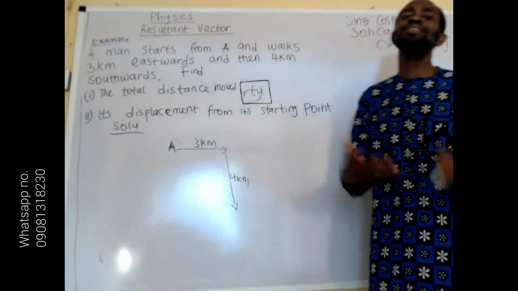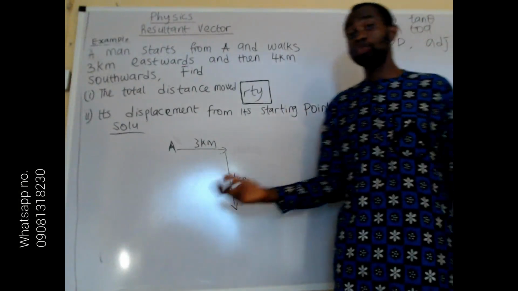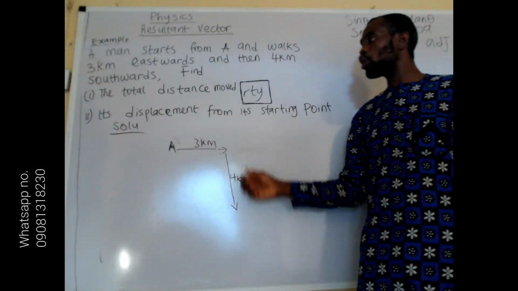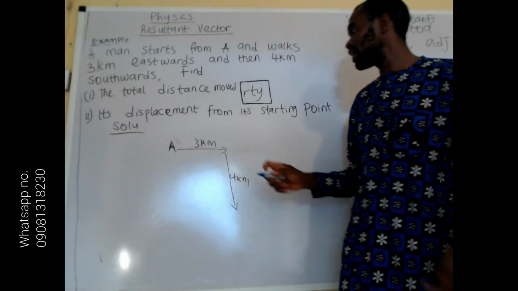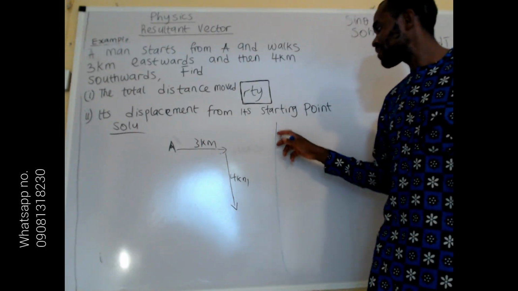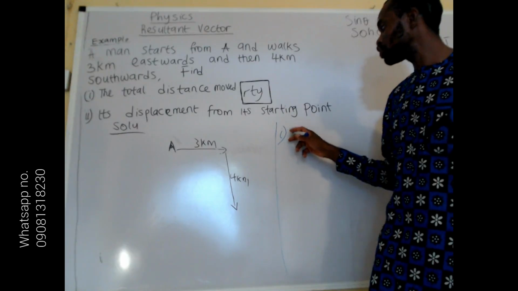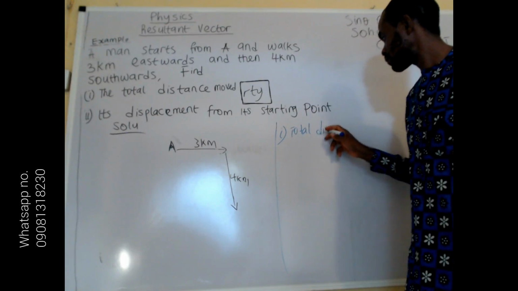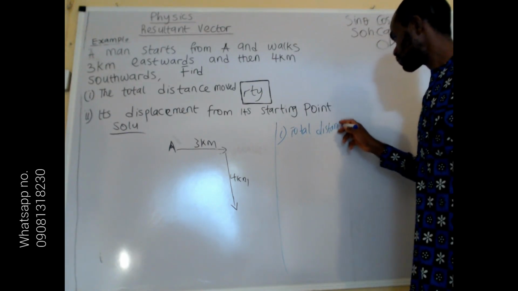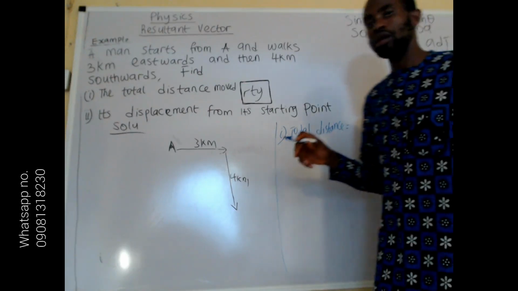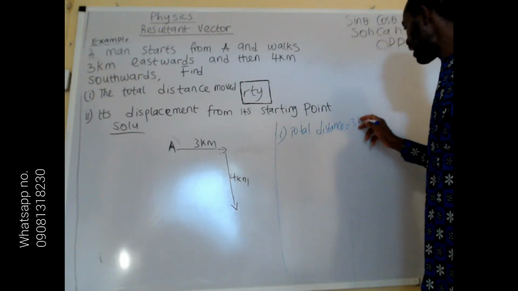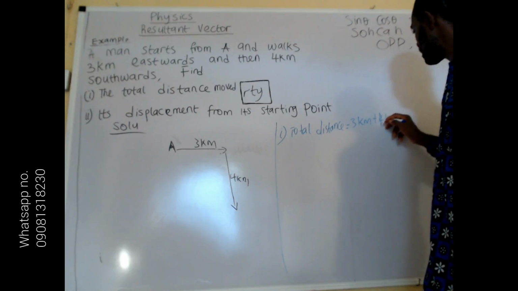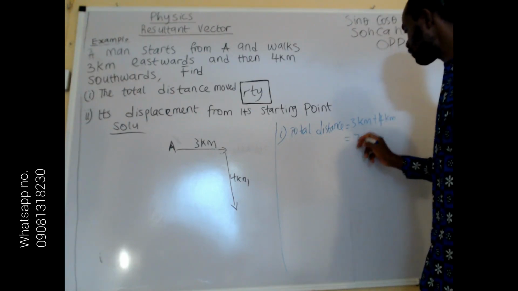The total distance this man has walked is the sum of the first distance and the second distance, which will be 3 kilometers plus 4 kilometers, which gives us 7 kilometers.